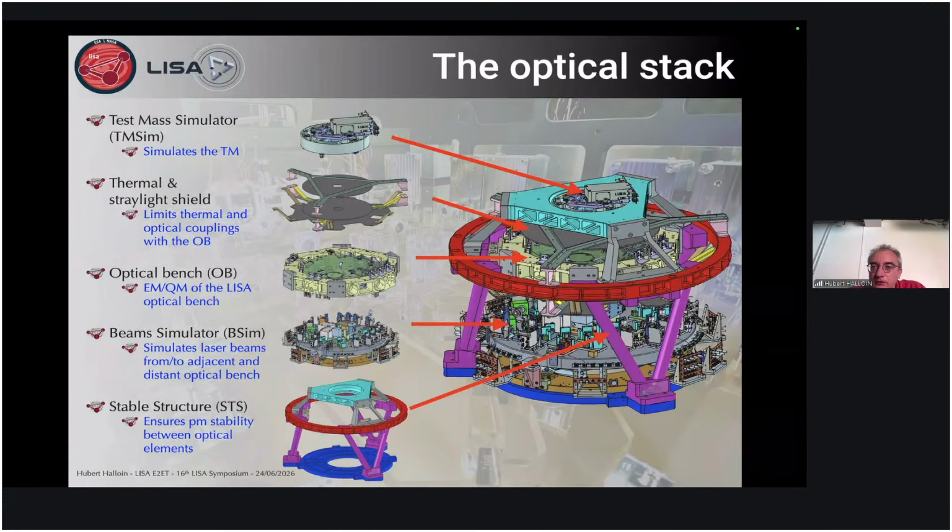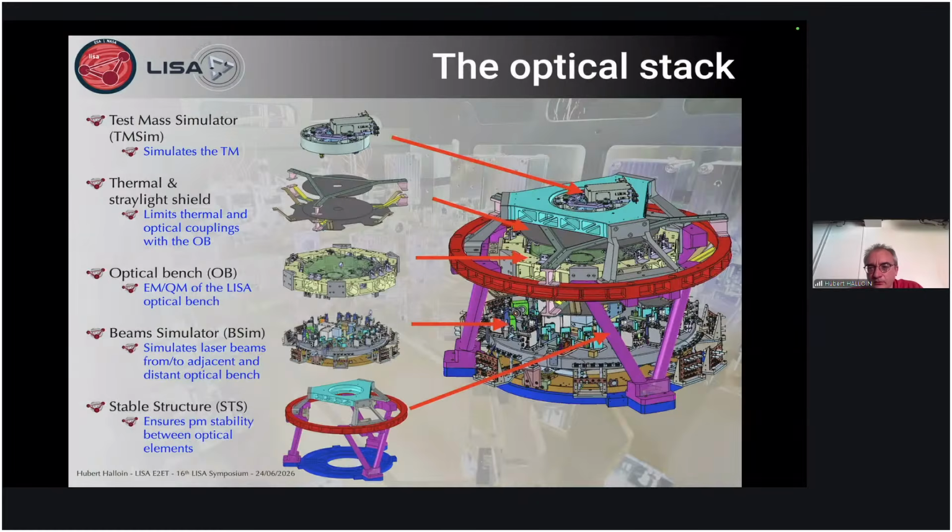Then below the optical bench, we have what we name the beam simulator, which is actually the most sophisticated bench we have to develop, which is here to simulate the laser beams incoming and receive the beams outgoing from the optical bench. So taking into account the fact that one beam is very weak due to the 2.5 million kilometers propagation, it's a few hundreds of picowatts that needs to be sent to the optical bench, but we receive from the optical bench about 1 watt, 1.6 watts emitted by the optical bench.